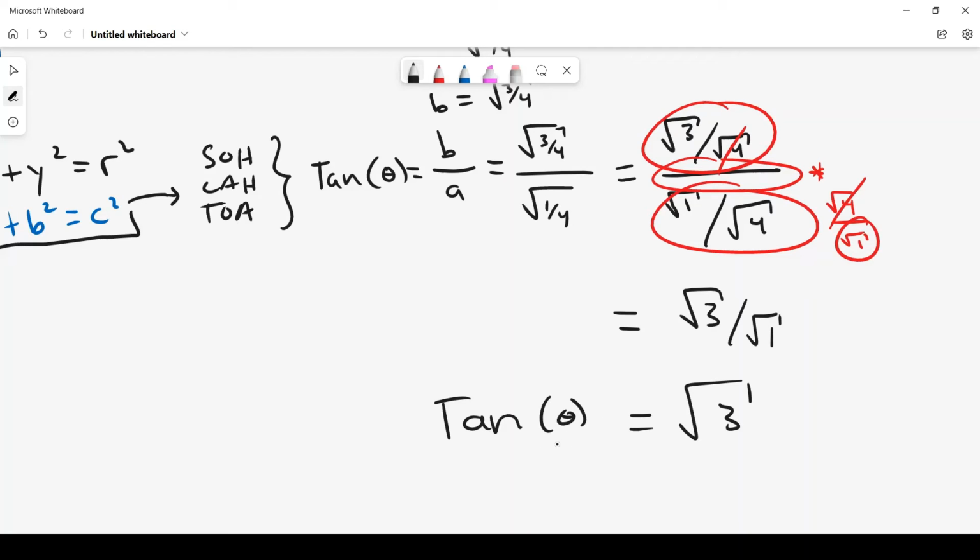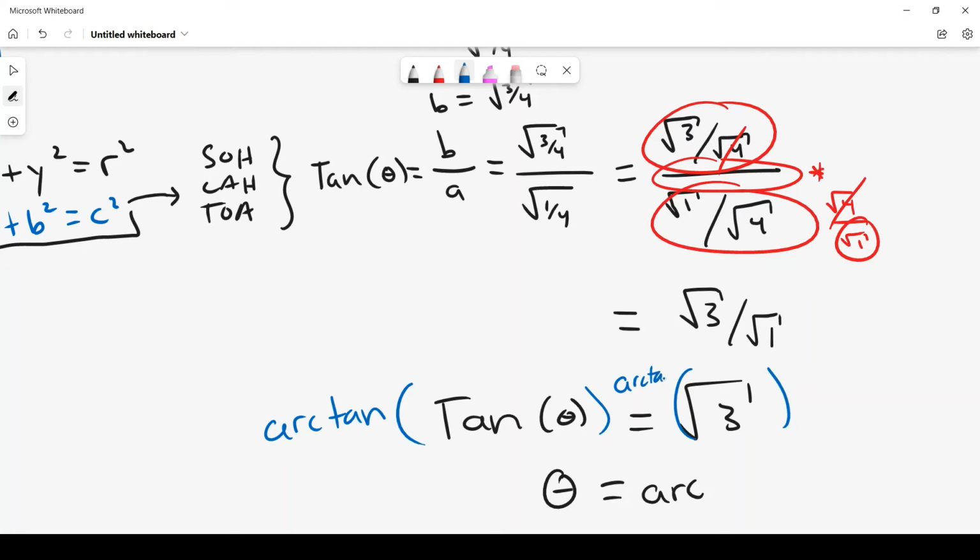And now if you want to calculate the angle specifically, you'd say that theta is equal to the arctangent, because what we're actually doing is, on both sides, we're doing the arctangent. And if you have the arctangent of the tangent of theta, these two are inverses of each other, and you're just left with theta.